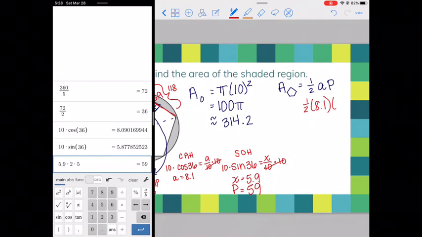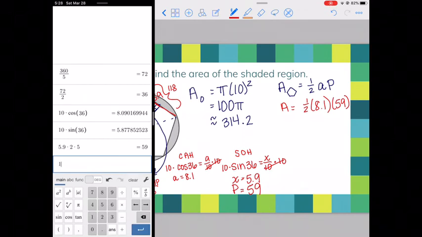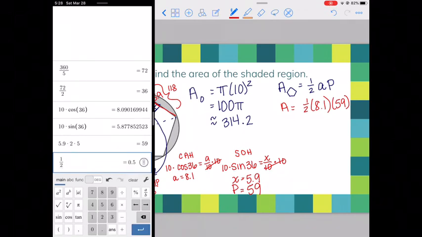So that's the last piece I need to plug in over here. So the area of the pentagon will be 1/2 times 8.1 times 59, which is 238.95, or if you round that to the tenth, that would be 239.